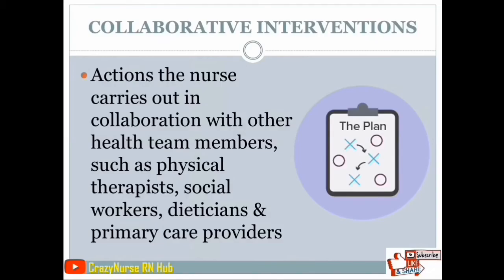For example, the primary care provider might order physical therapy to teach the client crutch walking. The nurse would be responsible for informing the physical therapy department and for coordinating the client's care to include the physical therapy sessions. The nurse may assist with crutch walking and collaborate with the physical therapy to evaluate the client's progress.